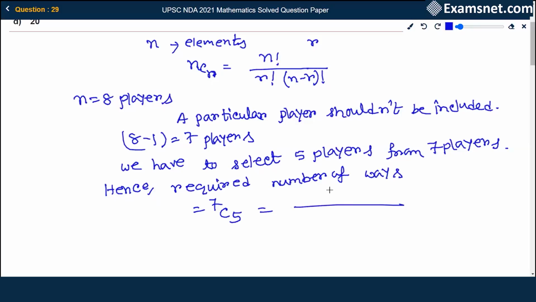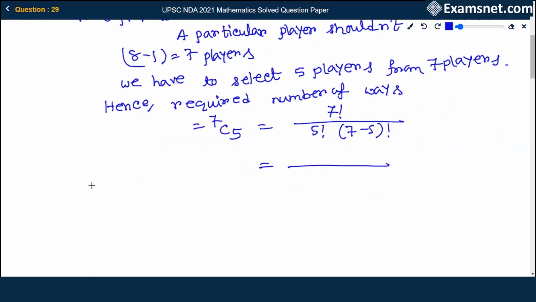So how can we write it? 7 factorial by 5 factorial, 7 minus 5 factorial. Further, we can write it as, look here, n factorial means 1 multiplied by 2 multiplied by 3 and so on up to n minus 1 and n, the product of n numbers starting from 1.